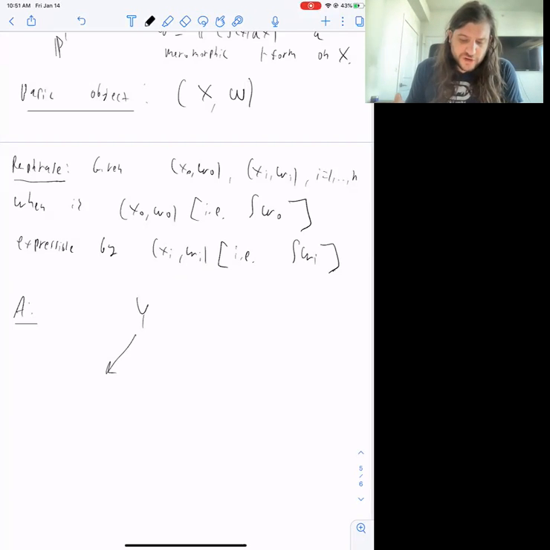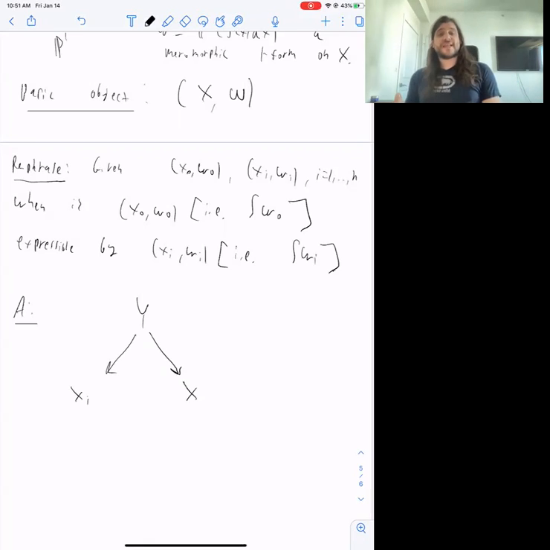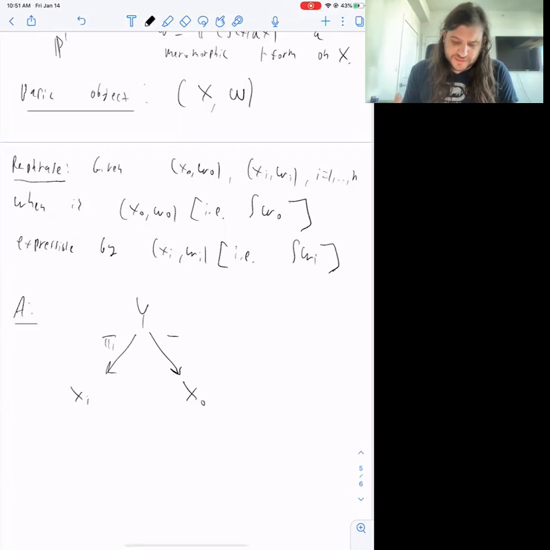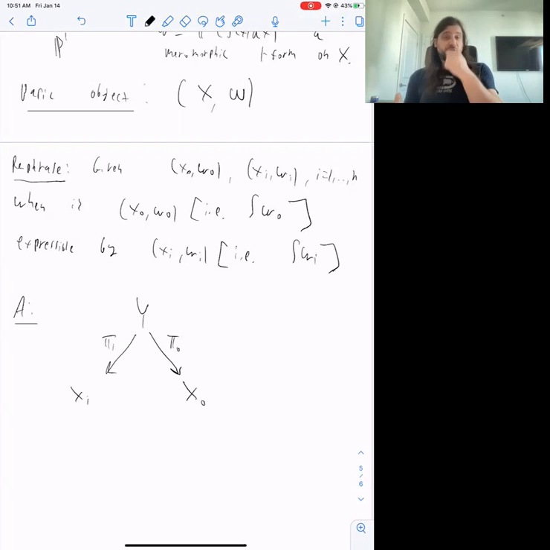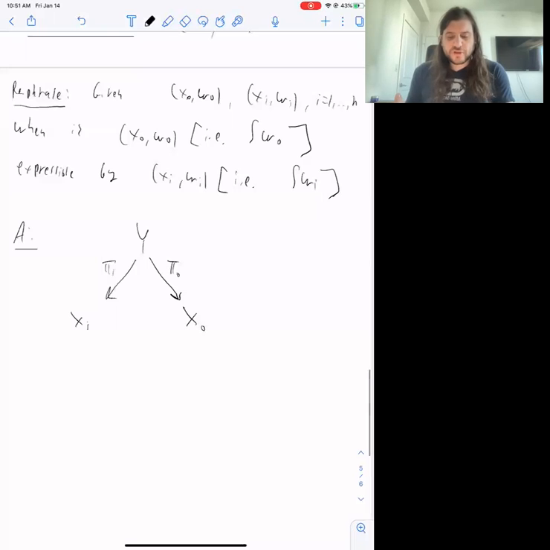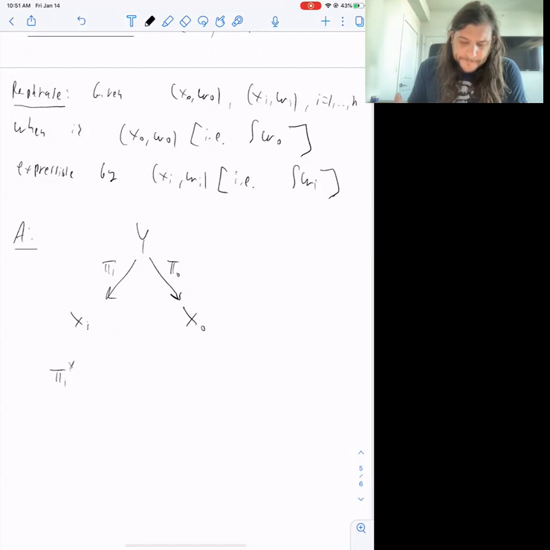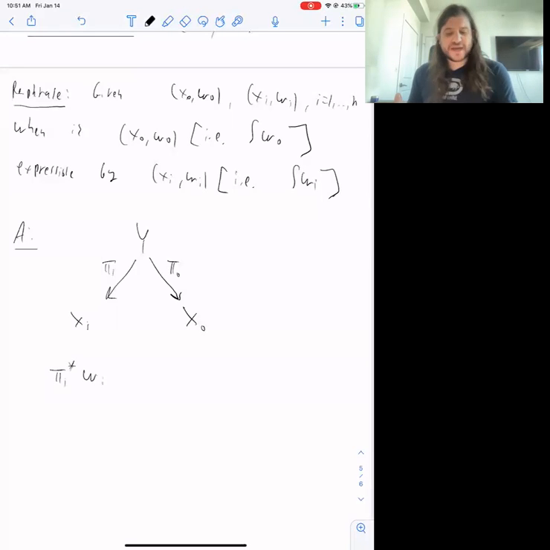So given a curve y and maps, let's call them pi i and pi naught from y to both of these, what we can do is define pi i star of omega i. So we take our form and we pull it back to our curve y, and then take the trace image down to x naught.